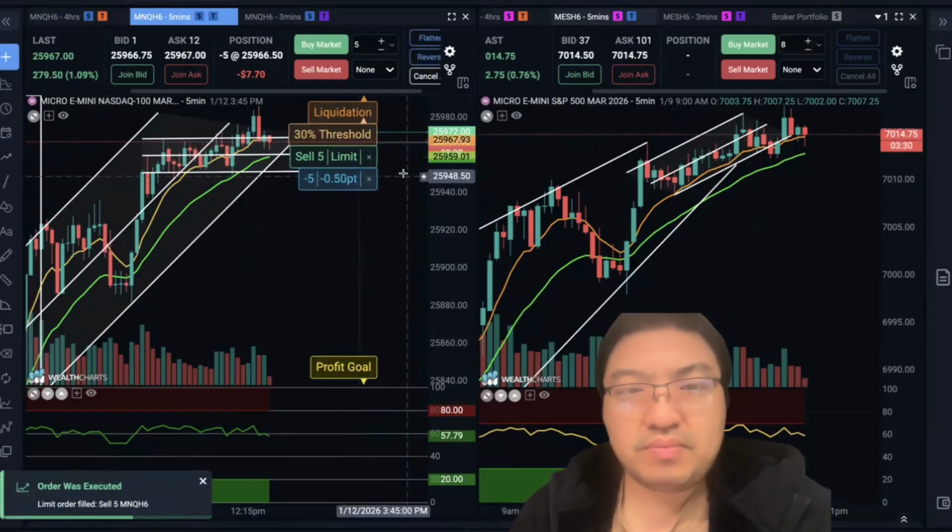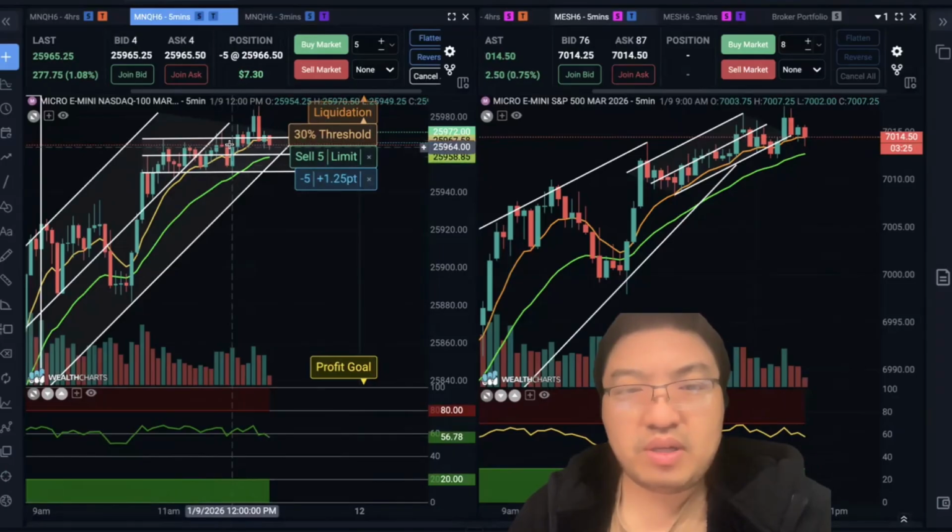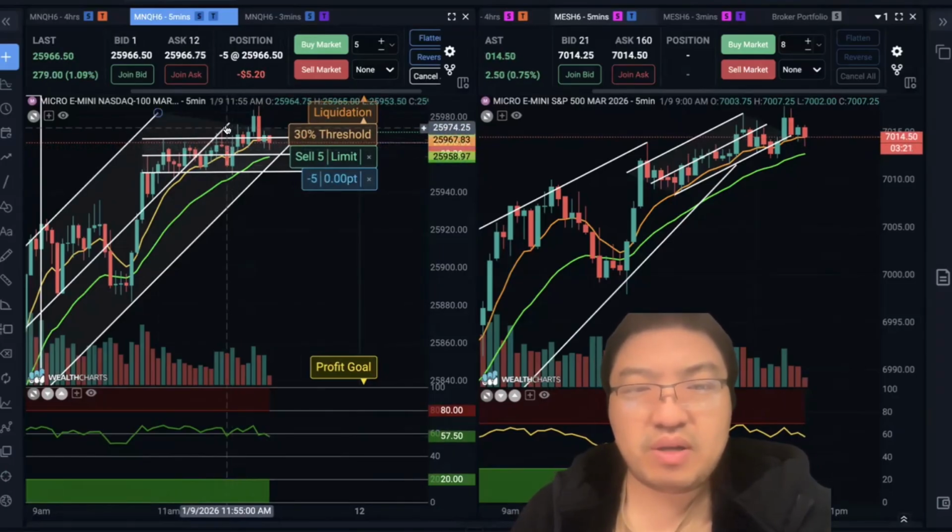Okay. With this on board, and now it seems it's not engulfing, then it's just continuing sideways.